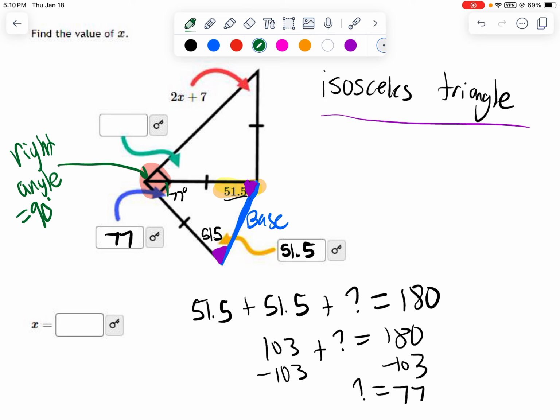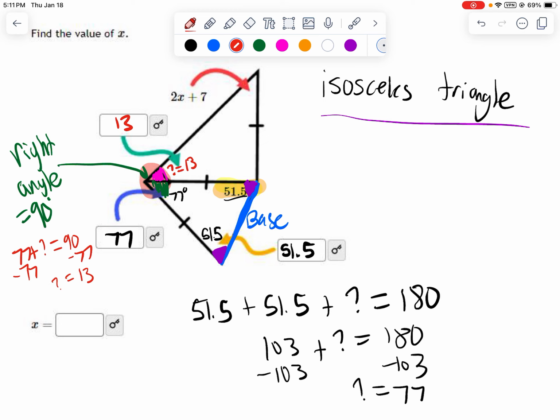So if we know that this section of the angle is 77, then this angle has to be the remaining portion for it to add to 90, meaning that 77 plus this little portion right there has to be 90 degrees. So if you subtract 77 over to the other side, then you're going to get that that last remaining portion of the angle is 13 degrees. Right, you'll find that is 13.